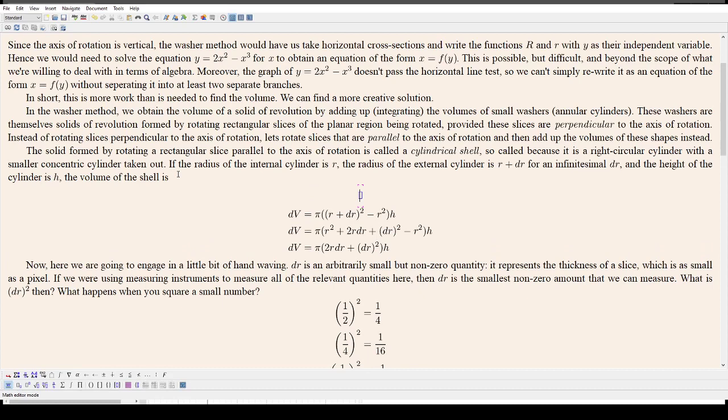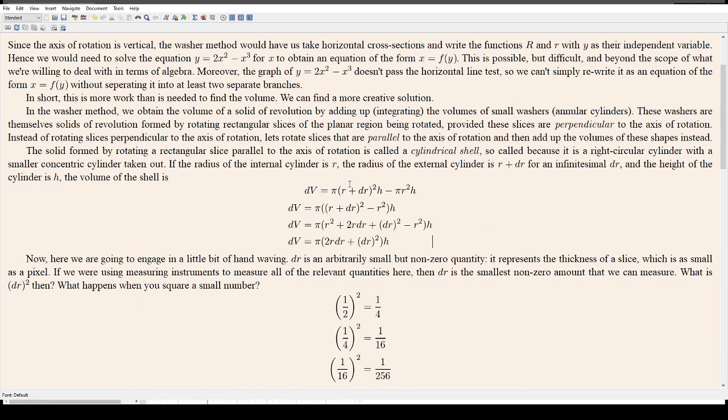Actually, let me put a little bit more detail here. So remember, the volume of a cylinder is the area of the base times height. So the volume of the large cylinder is pi radius squared, right, because its base is a circle.